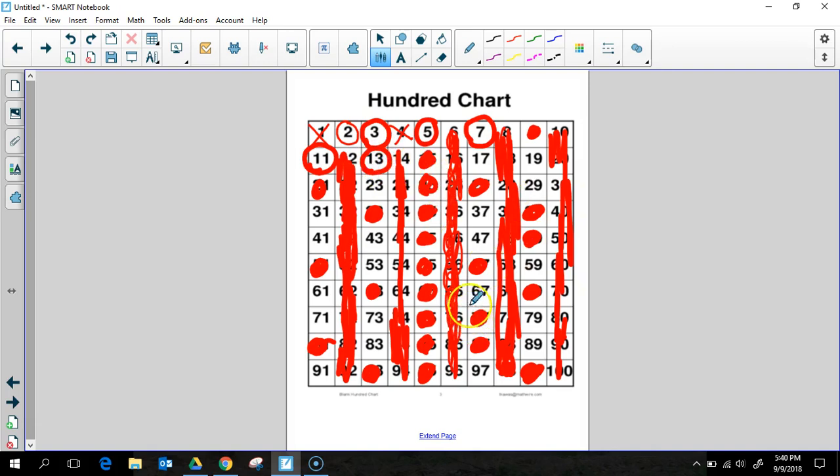I'm not going to finish all this, but what you do is look at the prime number, like 17, 19, 23, and then look for multiples of those numbers. 31 is prime. 51 is a number that a lot of students think is prime, but it is not, because it's divisible by 3 and 17.